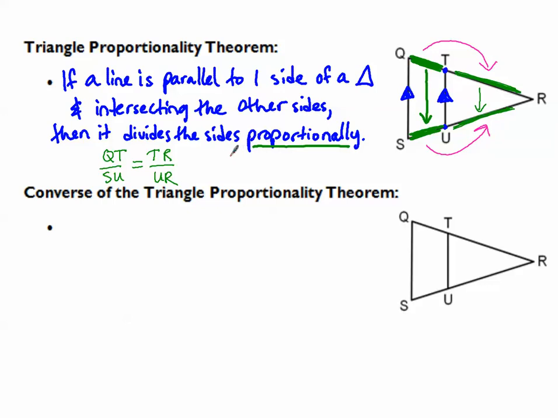So we could also say QT, this piece right here, and TR, this piece right here, that ratio is the same as the ratio going left to right, SU over UR. As long as we follow the same direction we did on the other side of the triangle. Lots of ways to make the proportions.